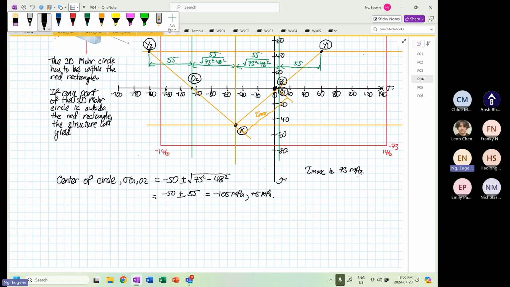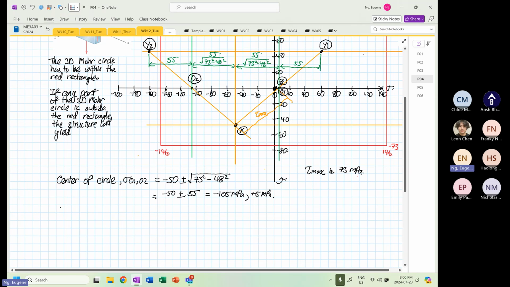So from here we can calculate stress Y1, which is equal to 5 plus 55, which is 60 megapascal, and stress Y2 is equal to minus 105 minus 55.